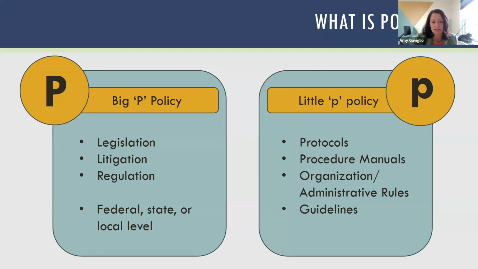And this type of policy can be set at a number of different levels: the federal level, the state level, or the local level. When we talk about little p policy, we are referring to things like standard protocols, procedure manuals, organizational and administrative rules, or overarching best practices or operational guidelines. And as we talk about newborn screening, both big P and little p policies are certainly vital in structuring and managing the entirety of the screening system.